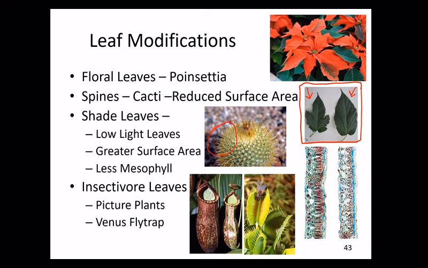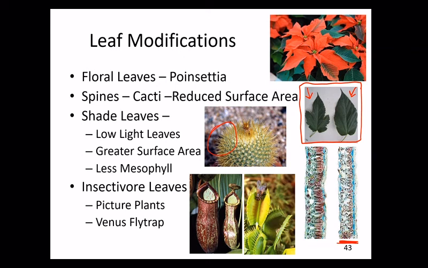The leaves lower on the tree, or the shade leaves, are going to have a much greater surface area to be able to collect more sunlight. We also see that if you look on this, the shade leaves are thinner. They're not as thick. So they're going to be less thickness, not as much concern about overheating, so they don't need as much mesophyll tissue to be able to protect it.